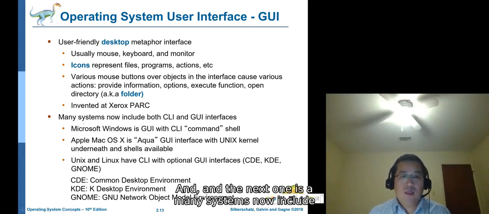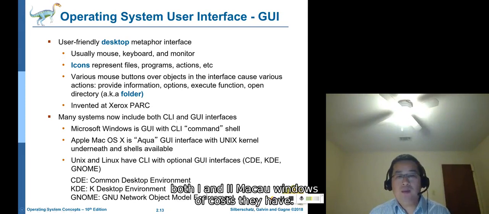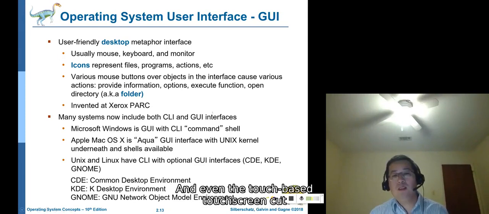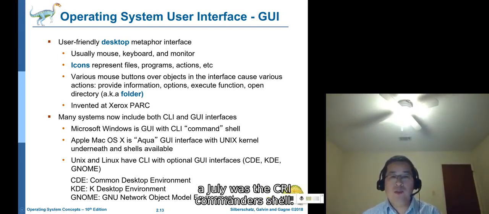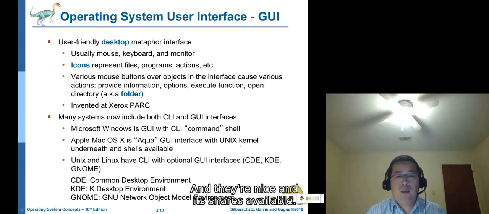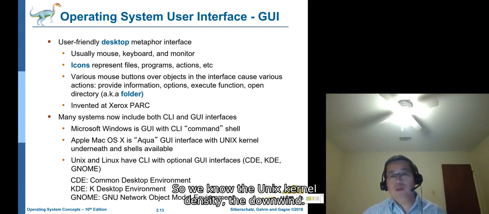And the next one is many systems now include both CLI and GUI, like our Windows, of course, they have, and even the touch-based touch screen interface. So Microsoft Windows is a GUI with a CLI command shell, and Apple Mac OS 10 is Aqua GUI interface with Unix kernel underneath and shells available. So we know the Unix kernel, that's the Darwin, right?